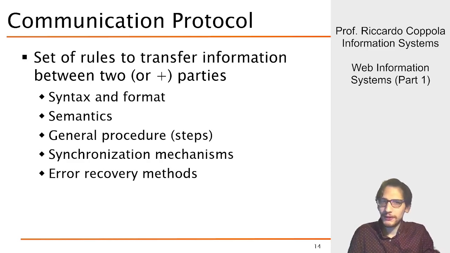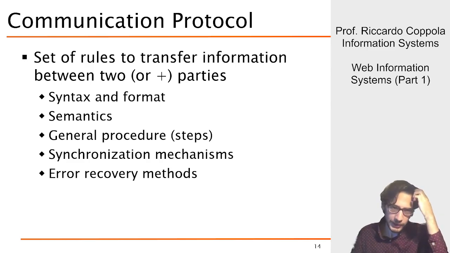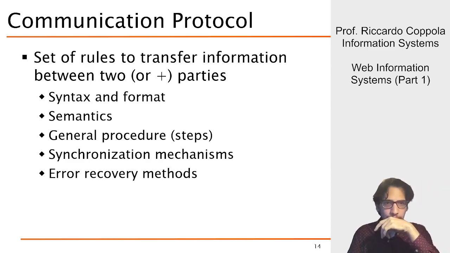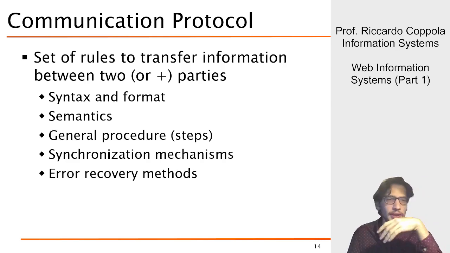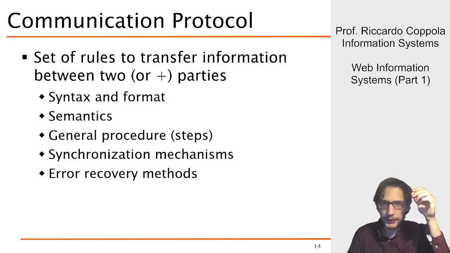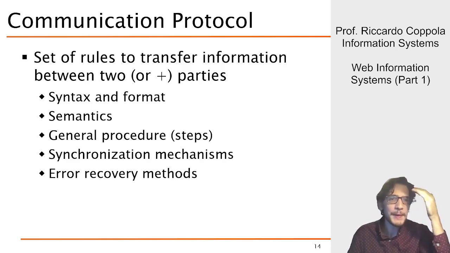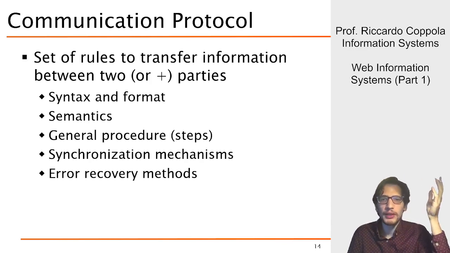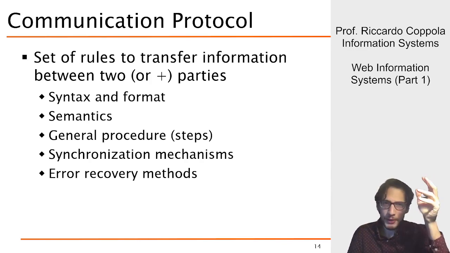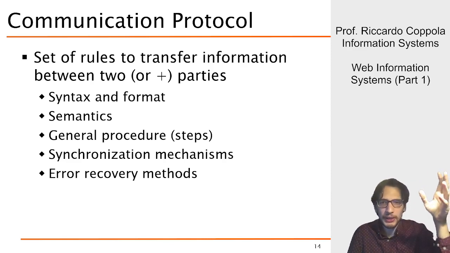The protocol will define all the semantics for all the types of data that we have, so what is right and what is wrong, and the procedure that you have to perform. So each communication with a protocol, and we will see one specific protocol later, is not some kind of random exchange of messages, but you have to perform a complex and predefined set of information exchange to make the communication possible.